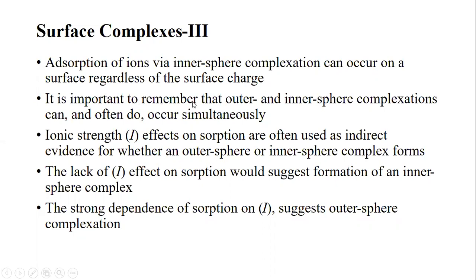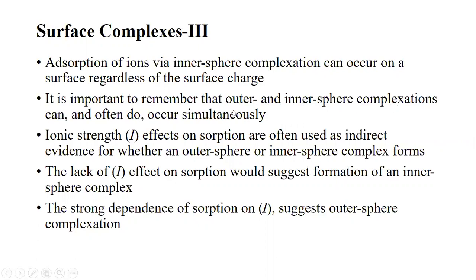It's important to remember that outer and inner sphere complexation can and often do occur simultaneously. What does that mean? It doesn't mean that on the same site you can have outer sphere and inner sphere. No, that means on the same colloid you can have some sites that have outer sphere and other sites with inner sphere complexation.